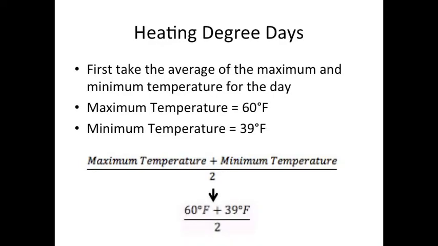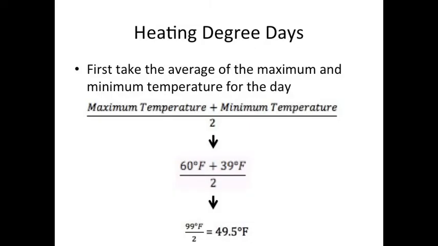You're going to want to plug in your maximum temperature and minimum temperature. So that gives you 60 degrees Fahrenheit plus 39 degrees Fahrenheit over 2. That will give you 99 degrees Fahrenheit over 2, which equals 49.5 degrees Fahrenheit.